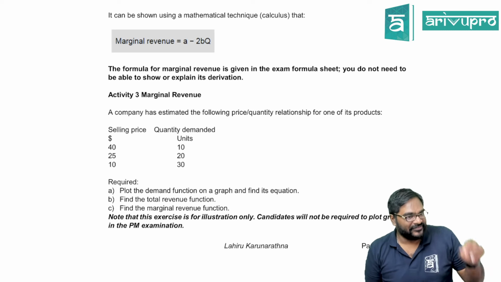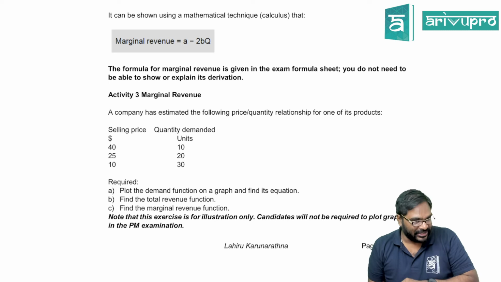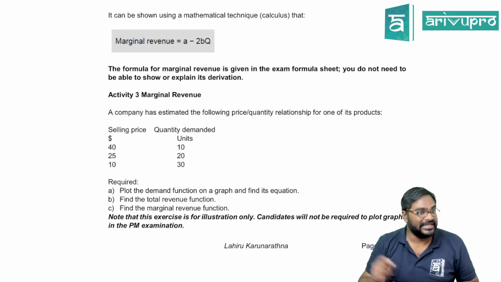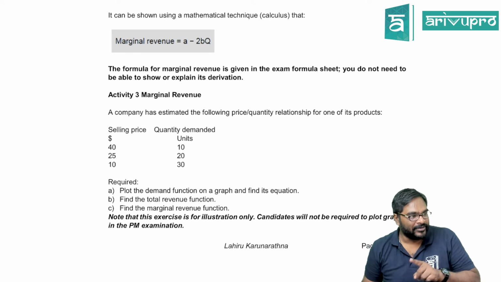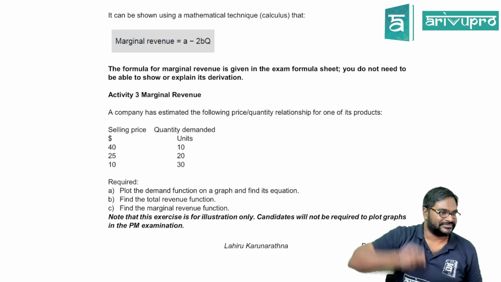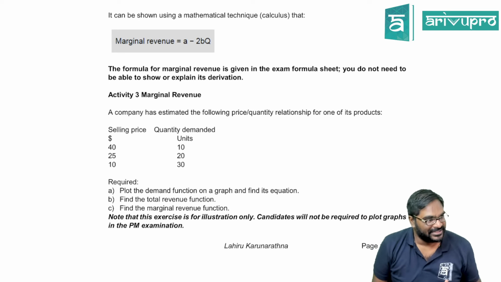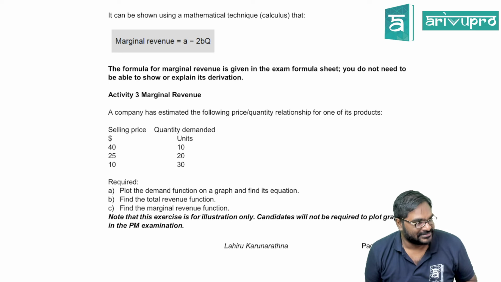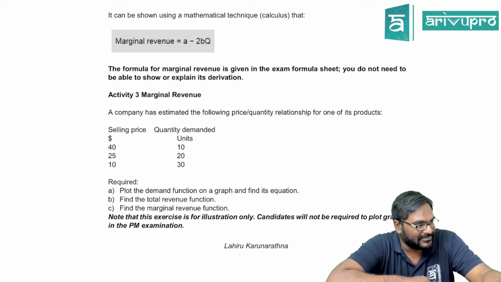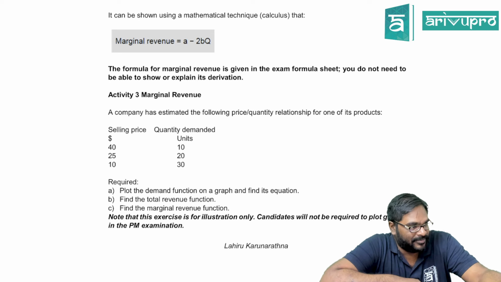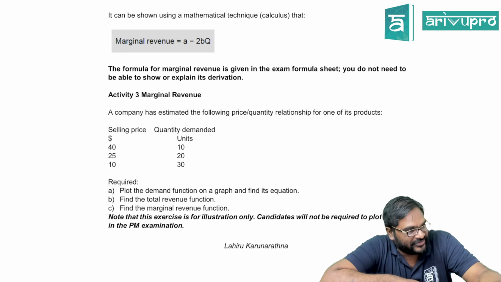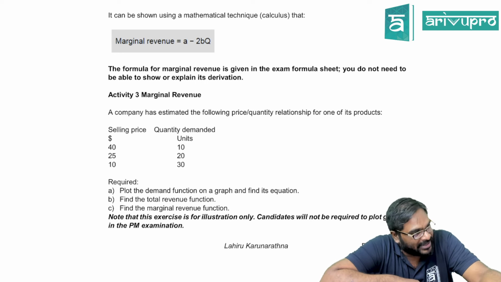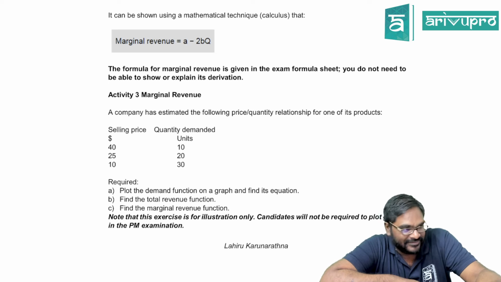So 55 minus 1.5Q, the entire formula into Q, means 55Q minus 1.5Q squared. That would be the revenue function, isn't it? Yeah. The price function gives unit price. The revenue function means overall revenue. So if I multiply the price function by the quantity, I will arrive at the revenue.